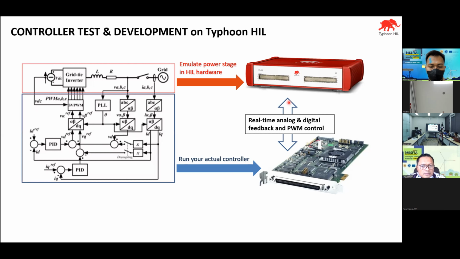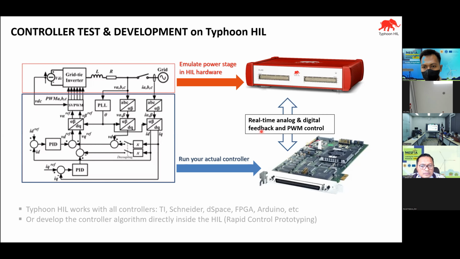In that way, you can run it in high fidelity, but also safely. We are able to connect to all controllers; we are controller agnostic. Also, if you do not have an actual controller, you can build your controller and put it inside the ARM processing cores inside the Typhoon Hue.